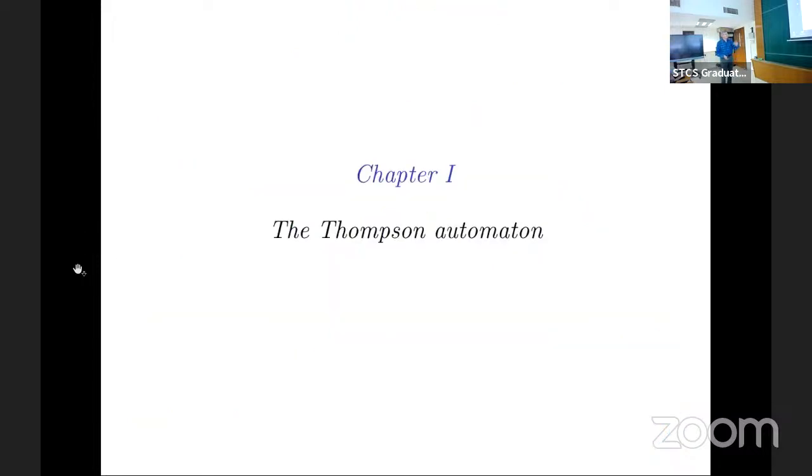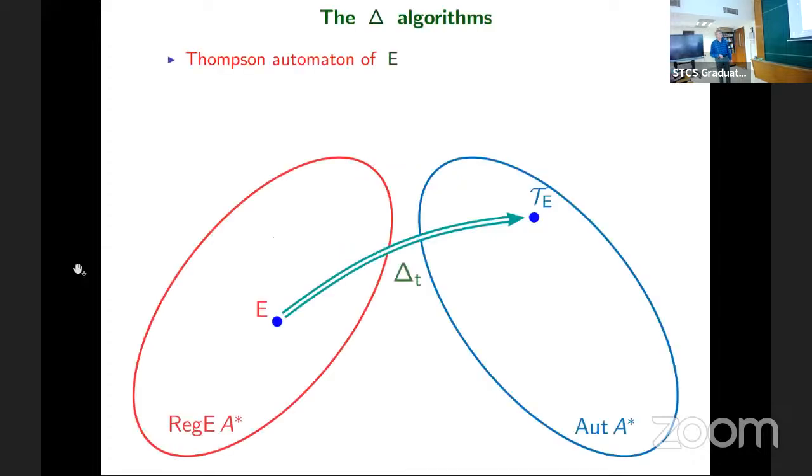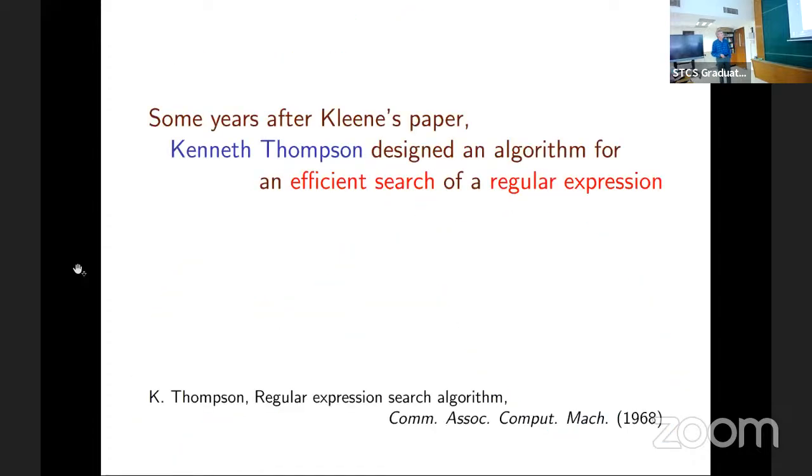Okay, so let's begin very quickly with the Thompson automaton. What happened is that, some years after Kleene's paper, Thompson, the guy from Unix, devised an algorithm.